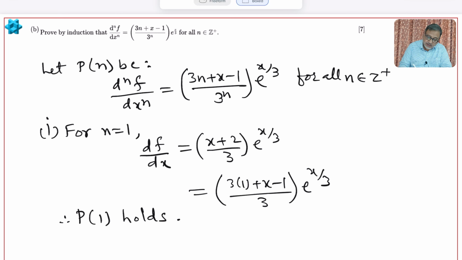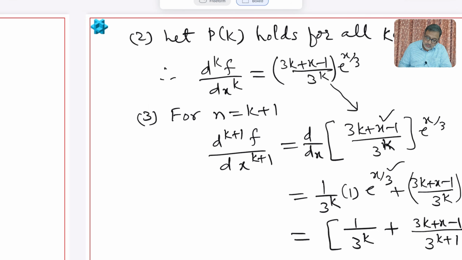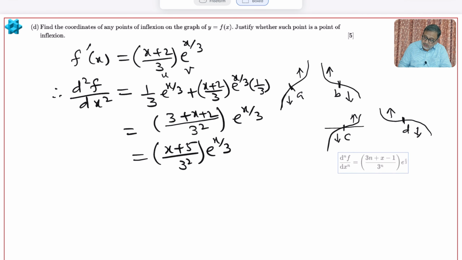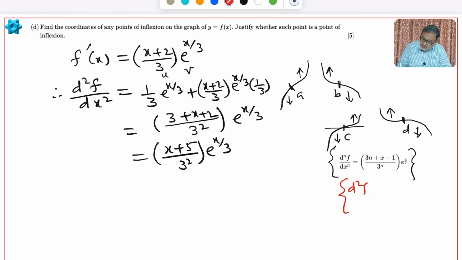So d2f by dx square will be (3 into 2 plus x minus 1) over 3 square, e raised to x by 3.